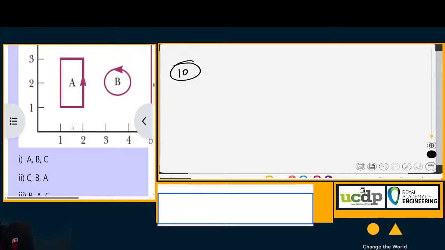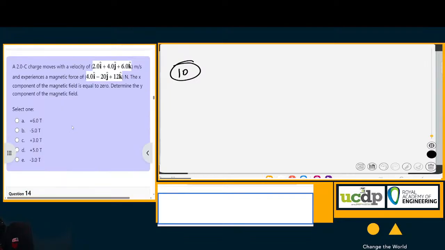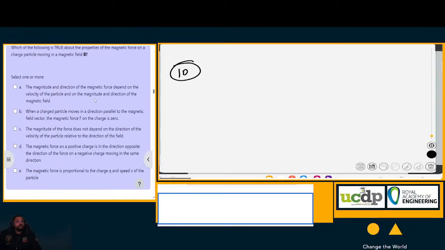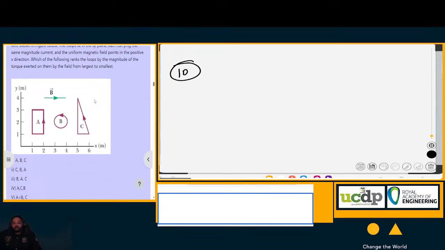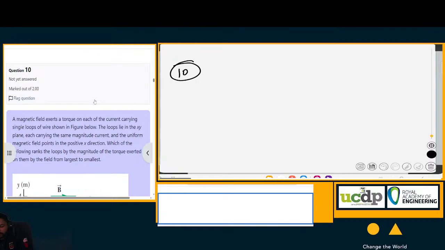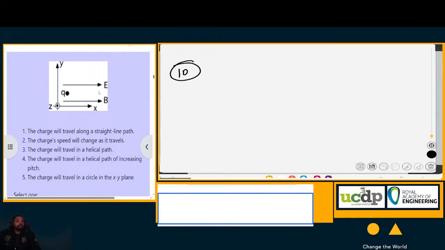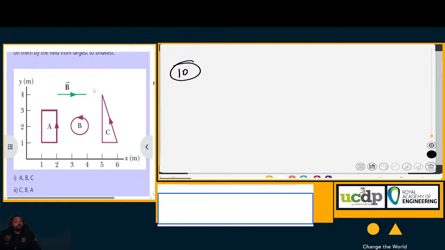How do we calculate torque due to a magnetic field? Here's the drawing. The torque is equal to the current, which is the same for everyone, times the cross-sectional area, times the magnetic field, and then the sine of theta.